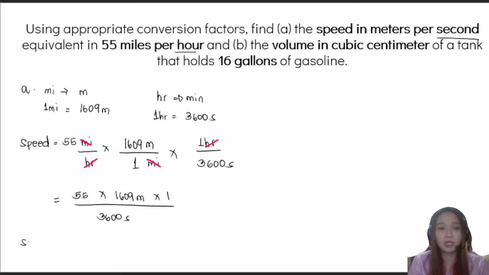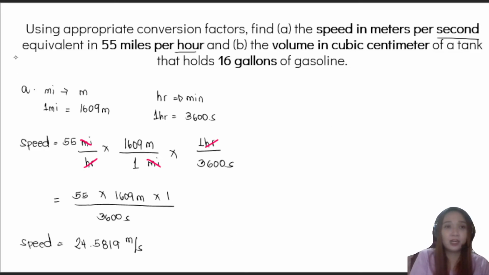So the speed in meters per second is equal to 55 times 1,609 divided by 3,600 seconds. It is also equal to 24.5819 meters per second. Okay, so that is for question A.